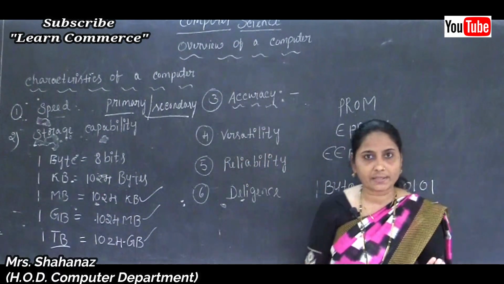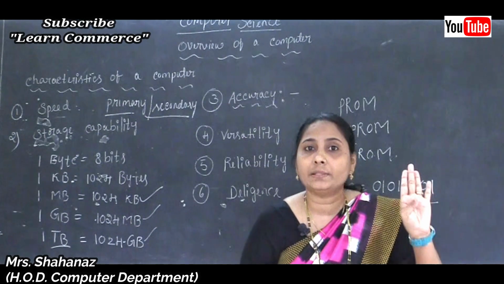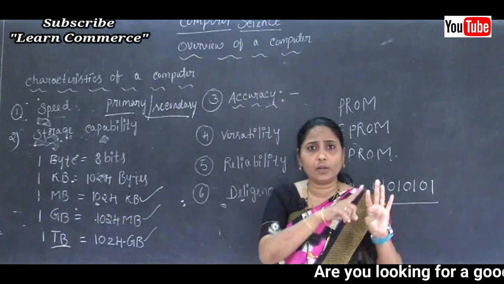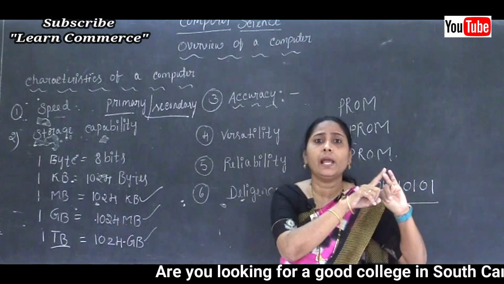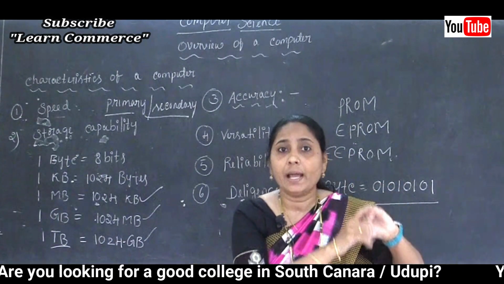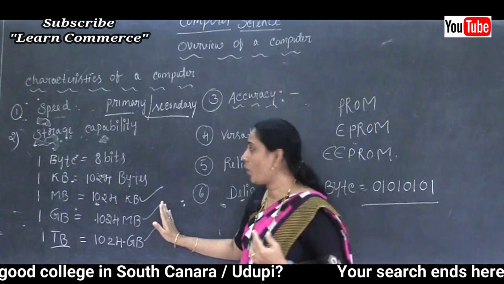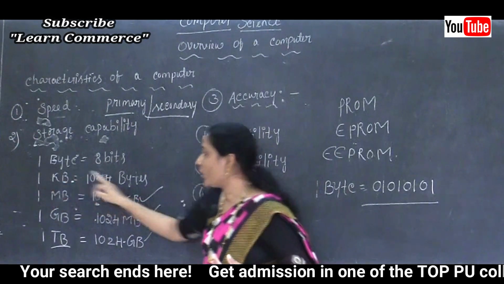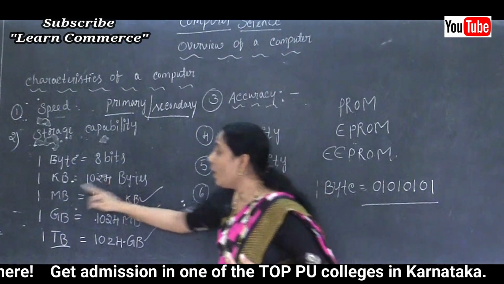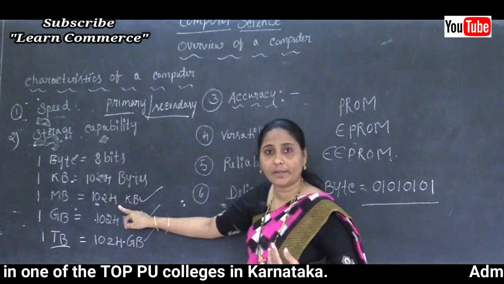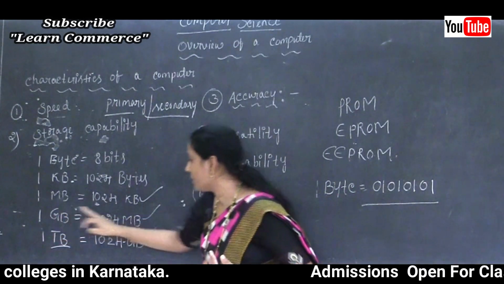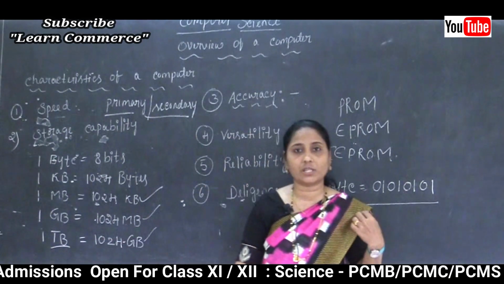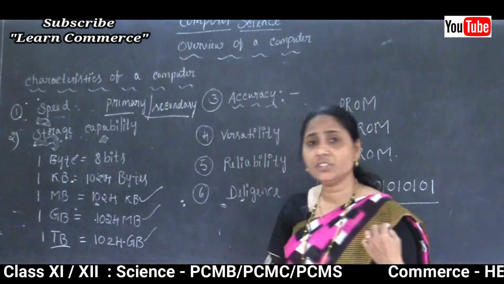The storage capacity or capability is given in terms of byte, kilobyte, megabyte, gigabyte and terabyte. 1 byte is equal to 8 bits. 1 KB is equal to 1024 bytes. 1 MB is equal to 1024 KB. 1 GB is equal to 1024 MB, and 1 TB is equal to 1024 GB.